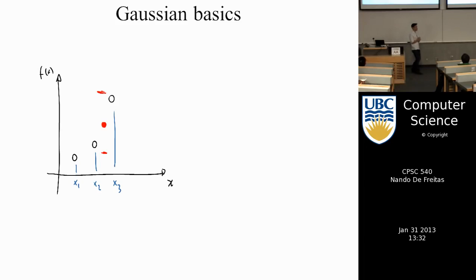But now I can pick a different x star. If I choose another x star, let's say here, I would also get something that would look like this. And if I pick an x star here, I might get something that would look like this. Right? I could pick any x star.